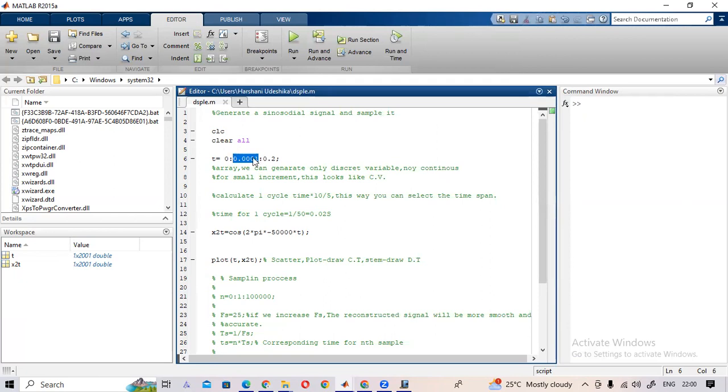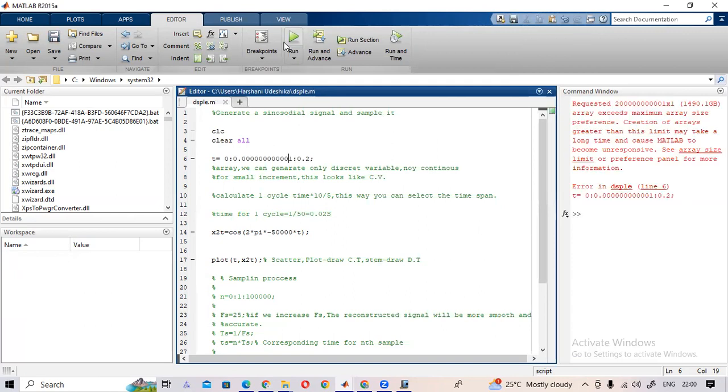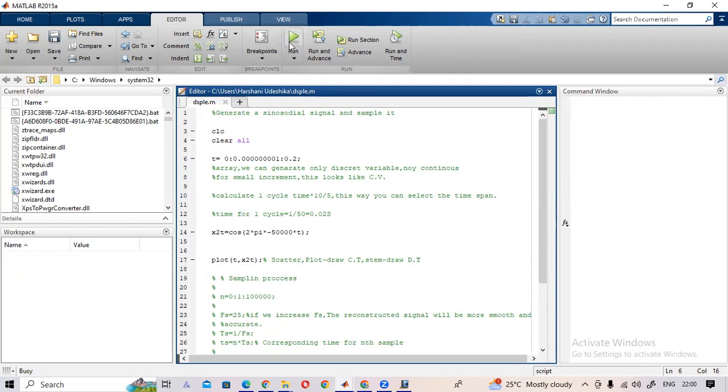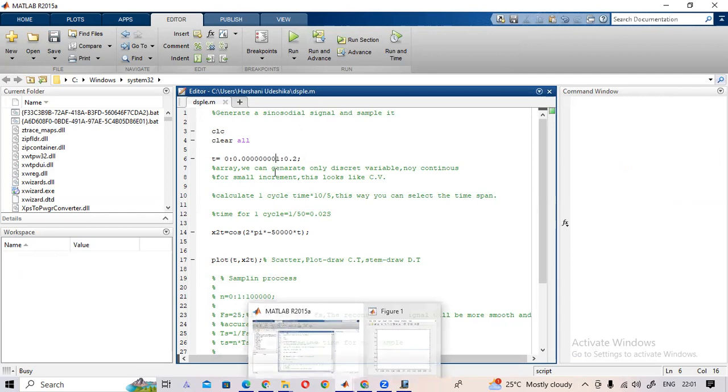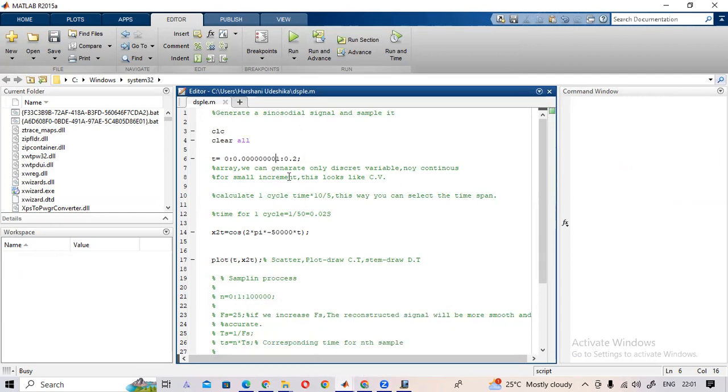If you reduce this gap very much, maybe it will take some time, because MATLAB is counting very many points.